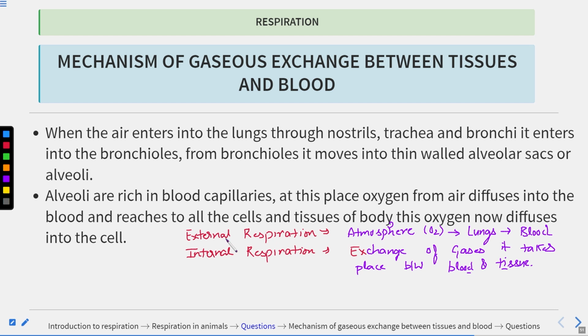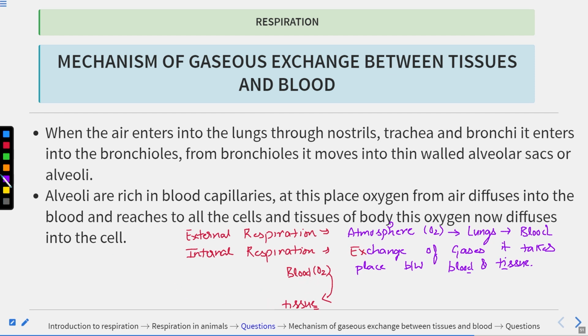So what happens during internal respiration? If this is the blood, the blood carries the oxygen, and this oxygen diffuses into the tissues. When the oxygen enters the tissues, it is used up in the process known as respiration, which generates energy in the form of ATP.